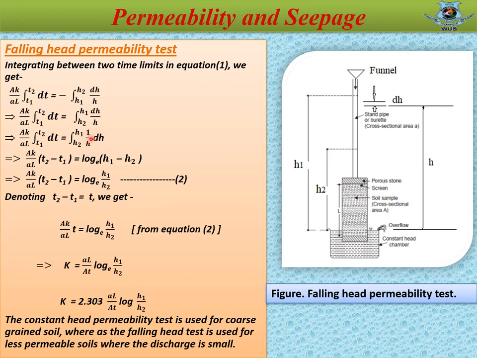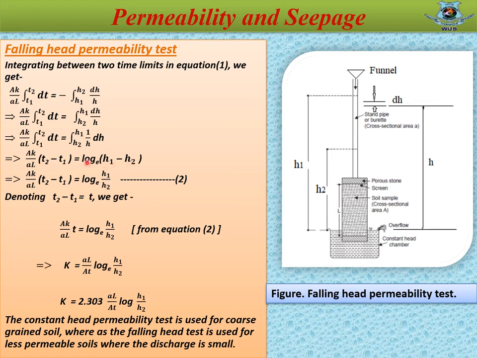By integrating, we know the integration of dt within the time limits t2 and t1 is t2 minus t1, and the integration of 1 by H dH within the head limits h1 and h2 is log e h1 by h2.